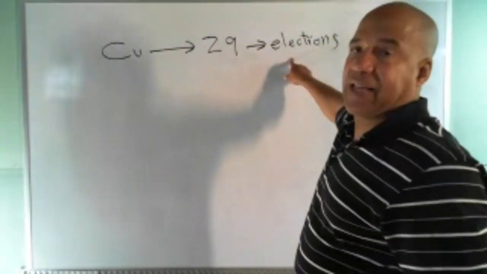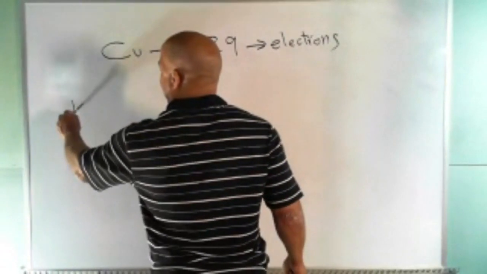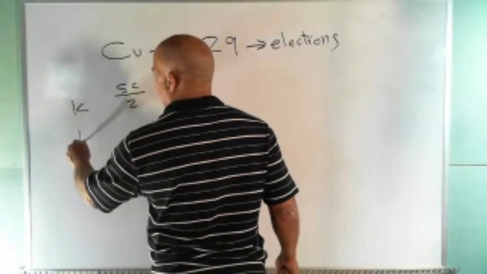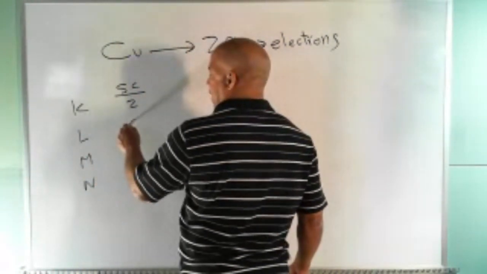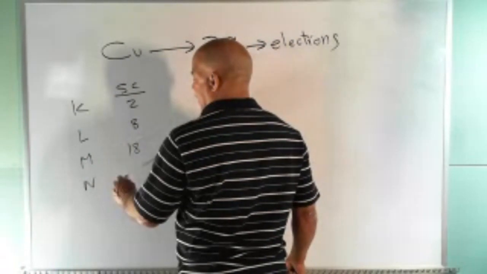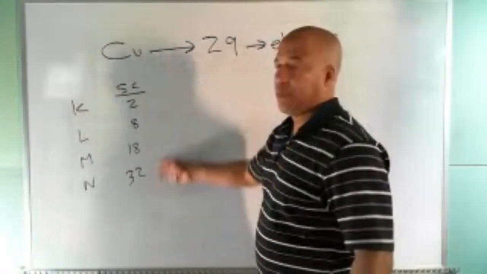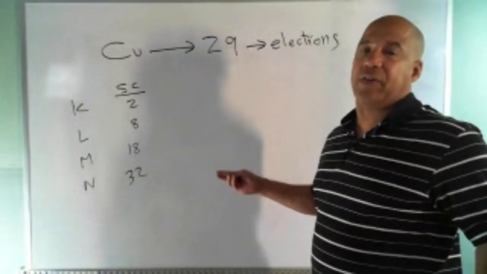Once I know the number of electrons, then it's easy. All I've got to remember is the shell capacity: K can hold 2, L can hold 8, this can hold 18, and that can hold 32. I've got to know these numbers, either by remembering this table or using that equation. After this, how you do it is up to you.